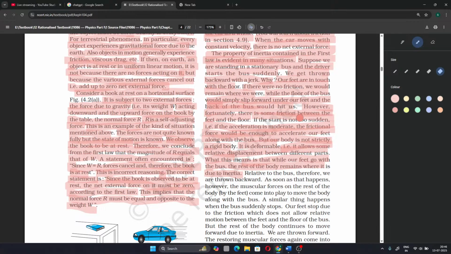That is the reason we will continue to move, and we will jerk backward when the acceleration is high, relative to the bus. As soon as that happens, however, the muscular forces exerted on the rest of the body by the feet come into play to move the body along with the bus.